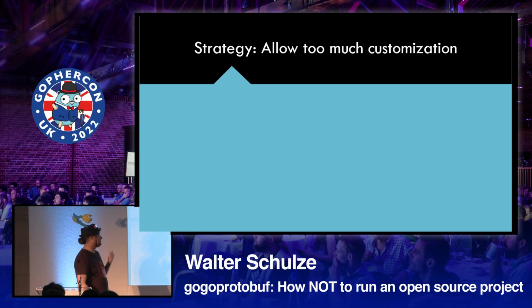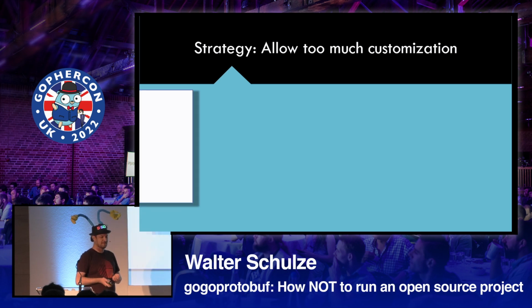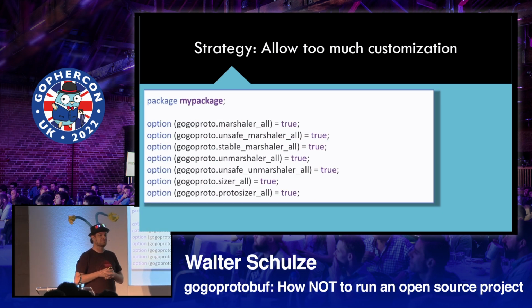Okay, this was a really good one. It's quite obvious, right? But these were all the options I gave you to specify how you want your serialization code to be generated. Do you want to use safe or unsafe? Do you want your size method to be called size or proto size because it might conflict with a field?